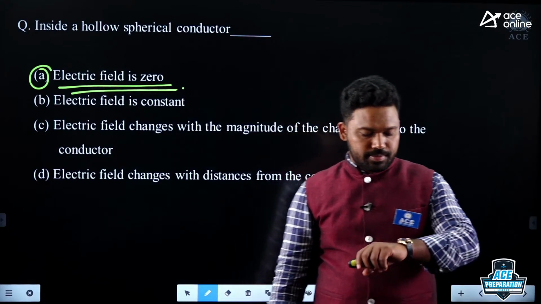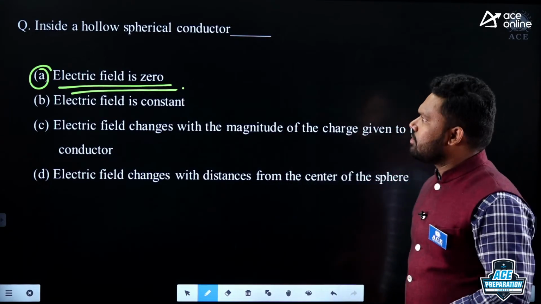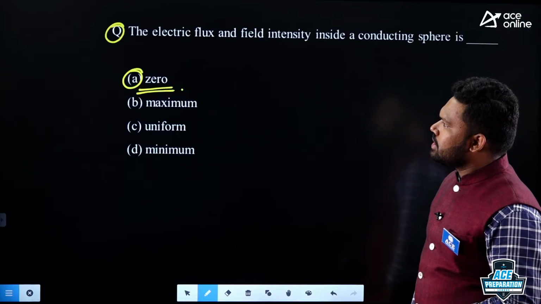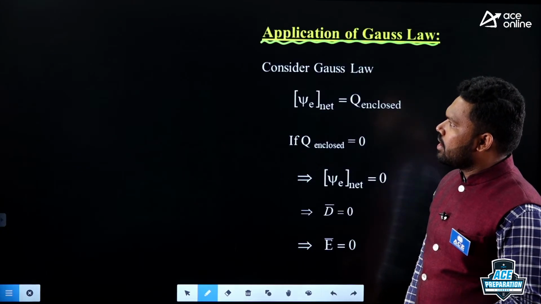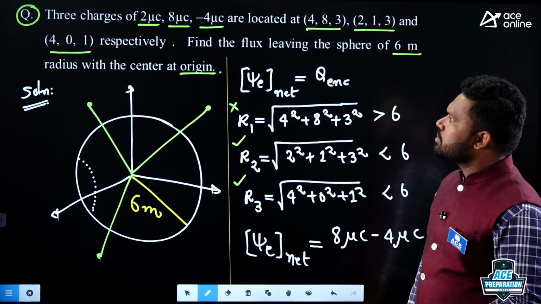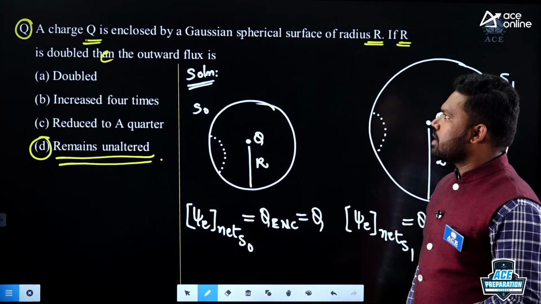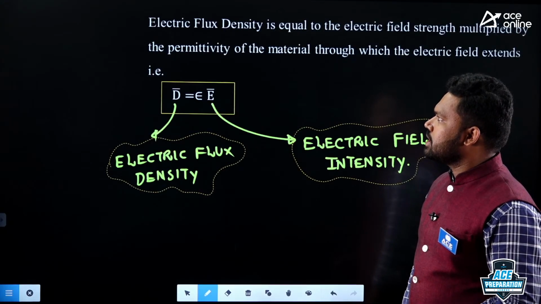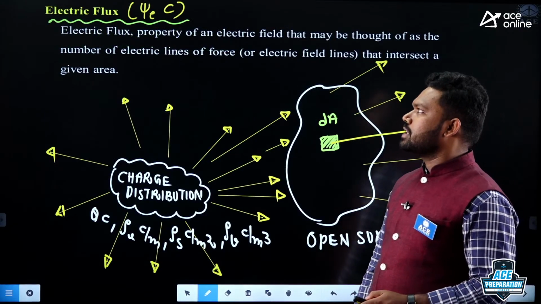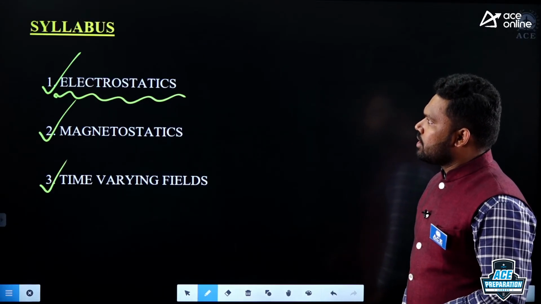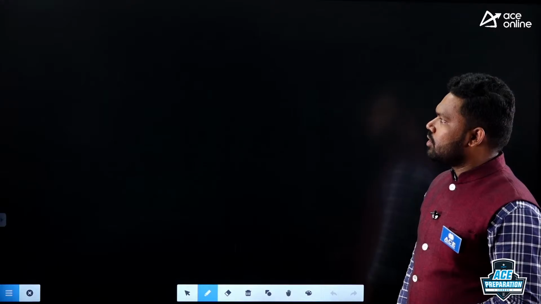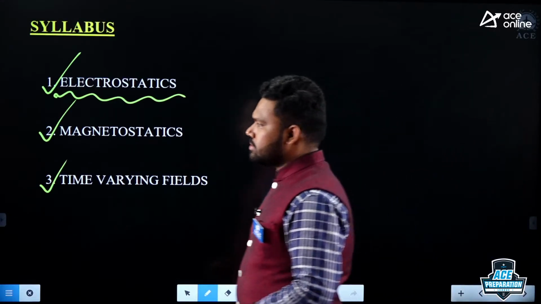Okay, fine. Now let us do a fast recapitulation of what we have done in this session. Very simple concept, but important. Questions have been noticed a number of times in the SSC JE, RRB JE exams, and even in the state service exams. We started with some foundation to understand Gauss law.